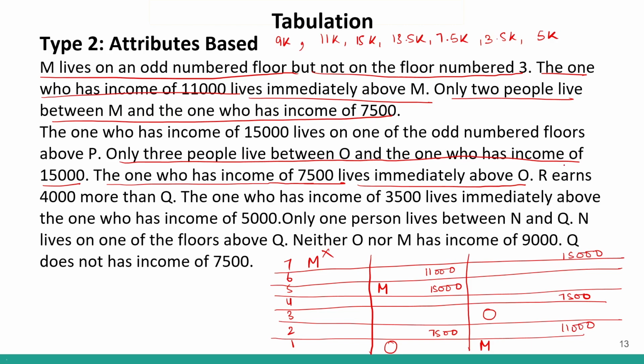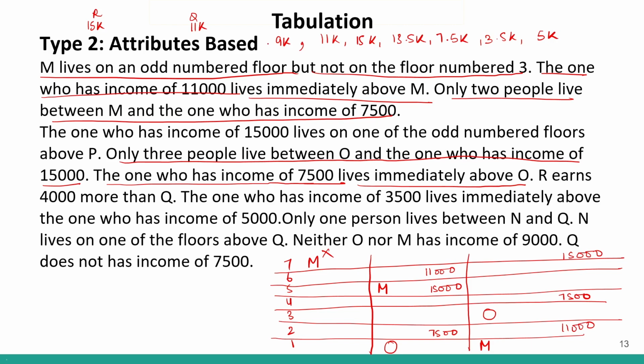Okay? Now, R earns 4,000 more than Q. So now let us look at the possibilities of R and Q. If I look at 15,000, and second will be 11,000, R can earn 15,000, then 11,000 will be earned by Q. Moving forward, 13.5 minus 4,000 gives 9.5, so that is not correct. 11 and 9 is a difference of 3, so not correct.